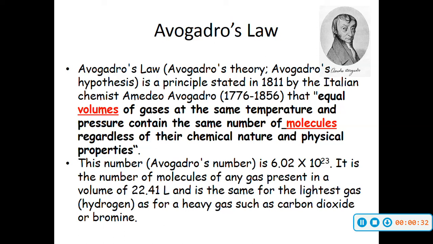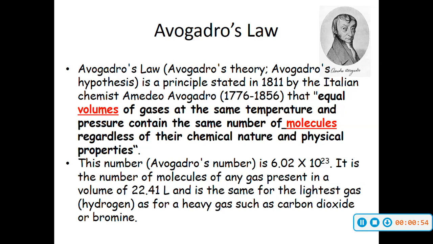Remember that this number, Avogadro's number, is 6.02 times 10 to the 23rd. It is the number of molecules of any gas present in a volume of 22.41 liters and is the same for the lightest gas, which is hydrogen, as for a heavy gas such as carbon dioxide or bromine.